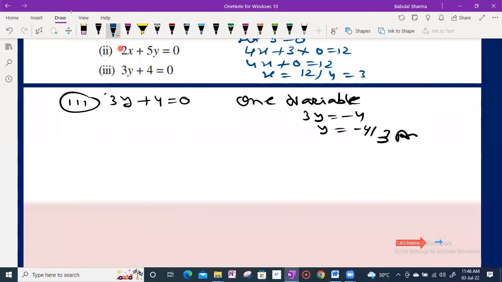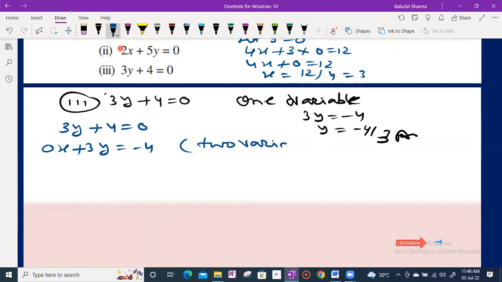How do we write it? 3y plus 4 is equal to 0. That is in one variable. We can write 0 into x plus 3y is equal to minus 4 if this is in two variables.